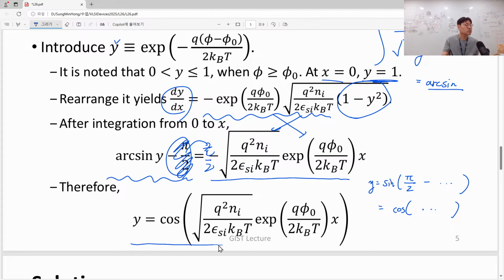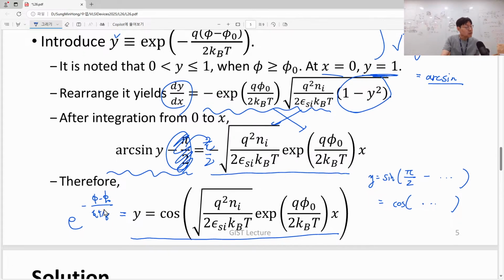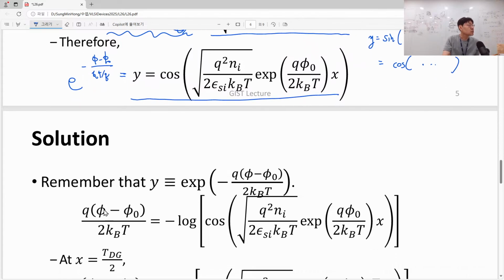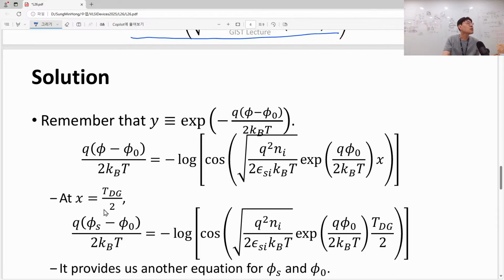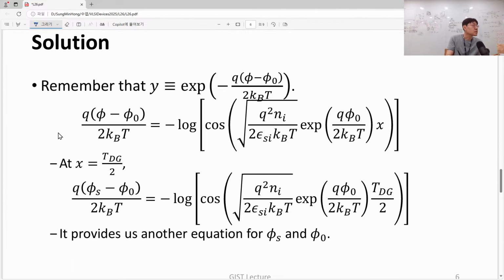And what was the y variable? We just introduce it here, so it is simply given as minus ABT over Q and phi minus phi naught. If we consider this one, then we can just take a log over this expression. Then, simply speaking, now we have this form.